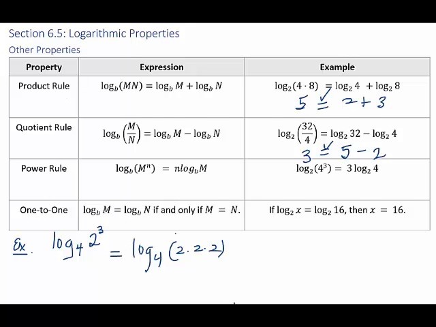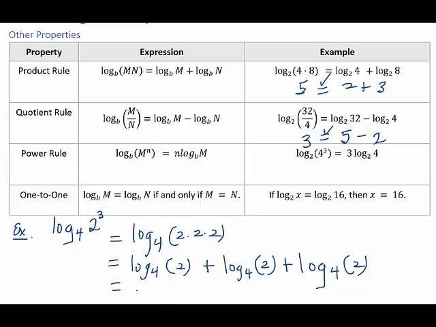And now we can use the product rule. And so that says that this is log base 4 of 2 plus another log base 4 of 2 plus one more, which is just 3 times log base 4 of 2. So in short, we see that this exponent really just became the coefficient.